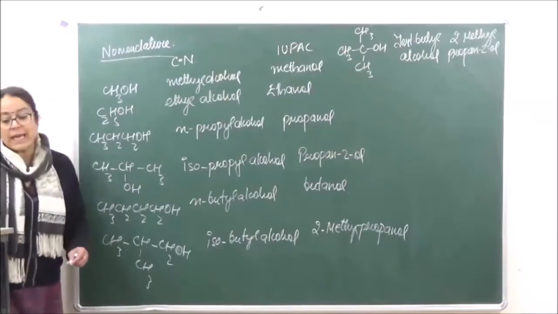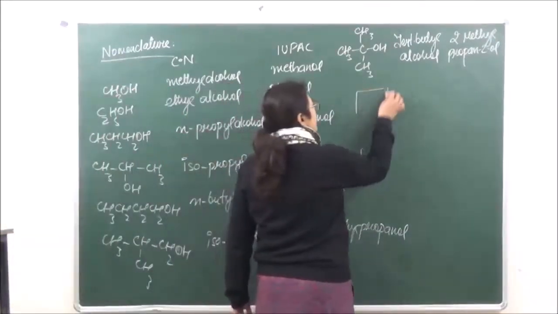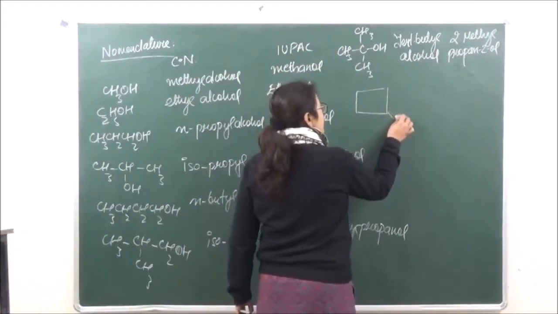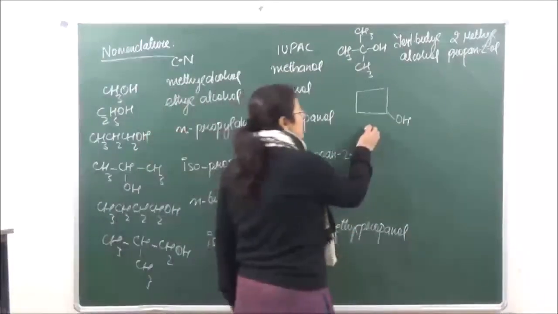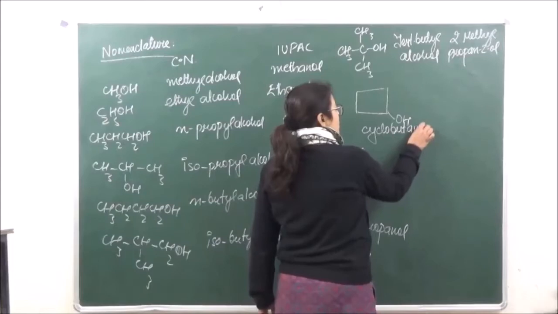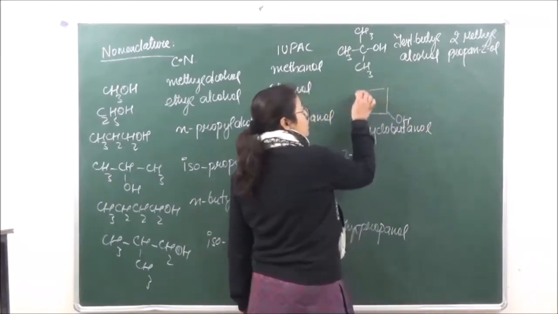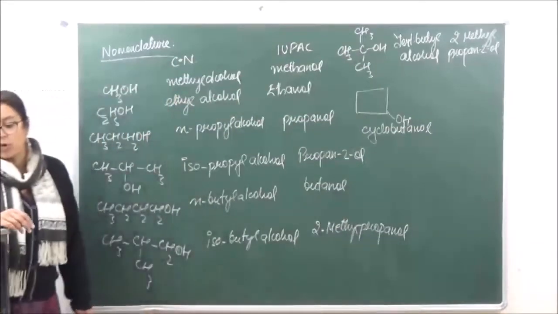Then we come to cyclic alcohols. Cyclic alcohols means that there is a cycle which is present with OH present at one of the positions. This is going to be known as cyclobutanol, because there are 4 carbon atoms, 1, 2, 3 and 4. So this is known as cyclobutanol, right?